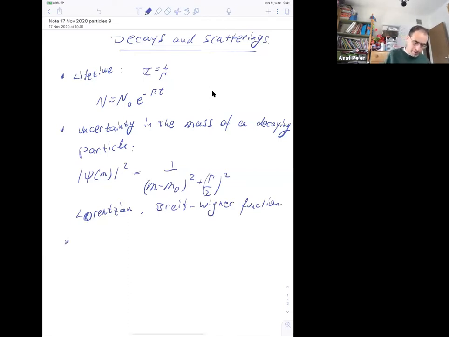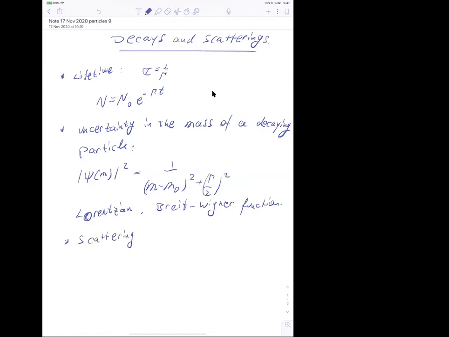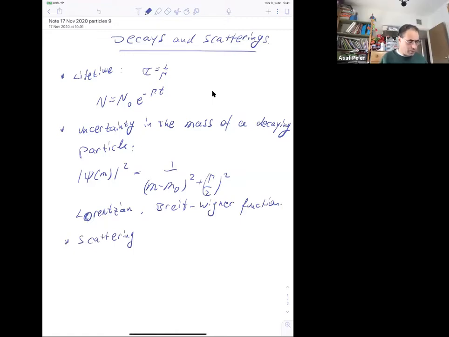We started to speak a little bit about scattering. I introduced the concept of, well, we discussed a little bit about the classical Rutherford scattering experiment. Right, Rutherford.